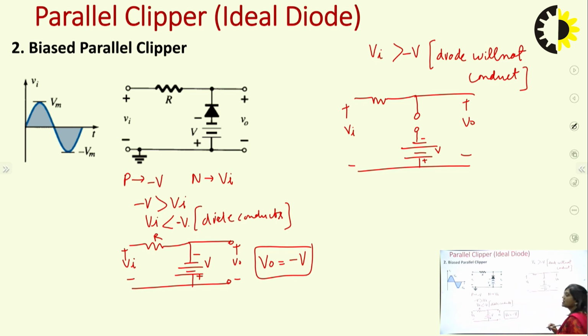So in this case the output voltage V0 would be equal to Vi, because no current is flowing in this arm and all the input voltage appears across the output.